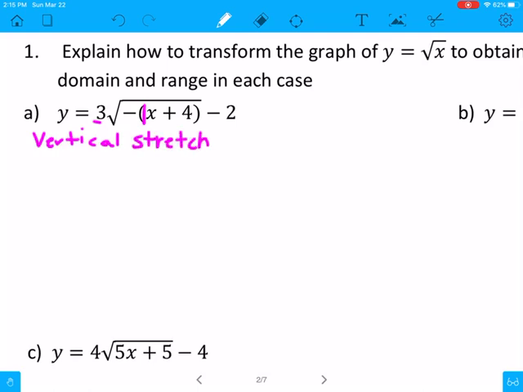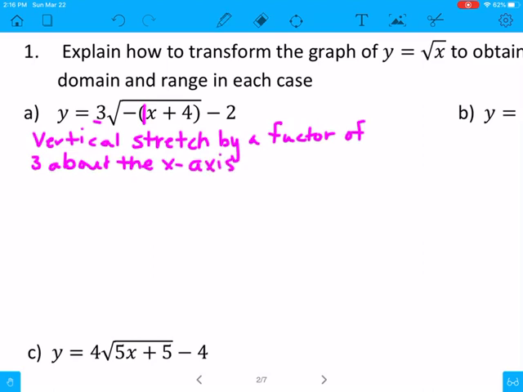Don't mind my writing. I'm using a tablet. It's not very great. Vertical stretch by a factor of 3 about the x-axis because it's a vertical stretch.